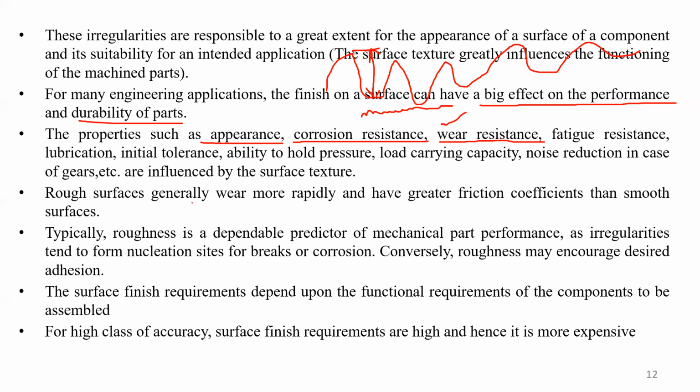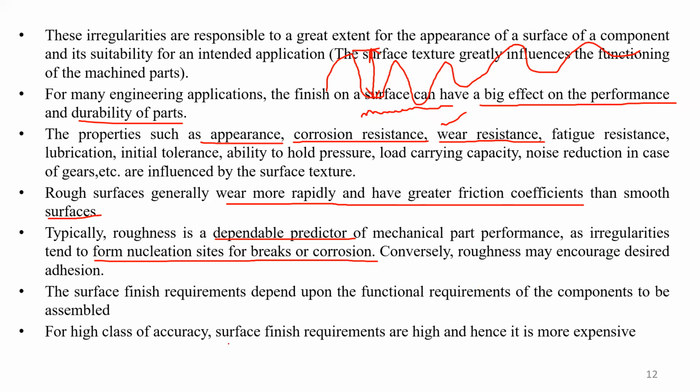Rough surfaces generally wear more rapidly and have greater friction coefficients than smooth surfaces. So typically, roughness is a dependable predictor of mechanical part performance, as irregularities tend to form nucleation sites for cracks or corrosion.